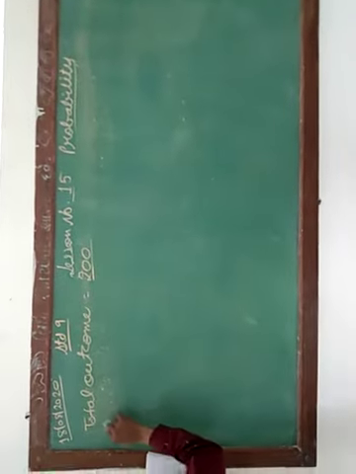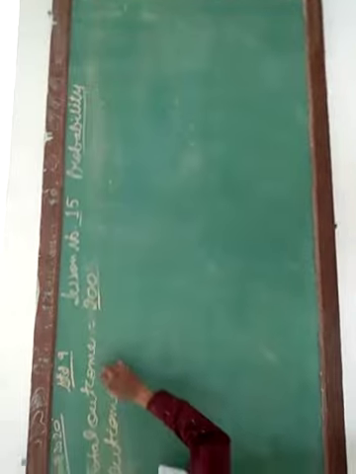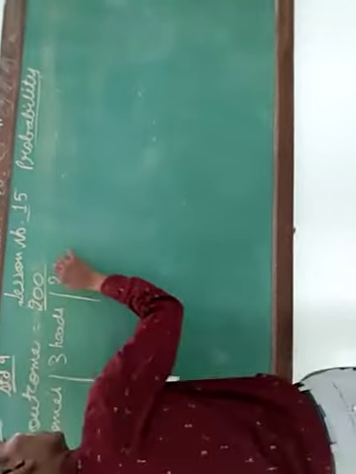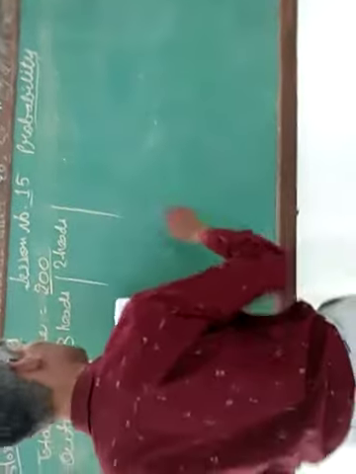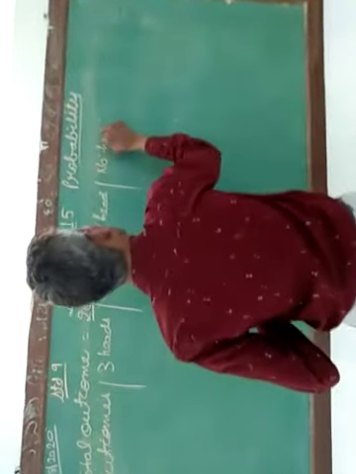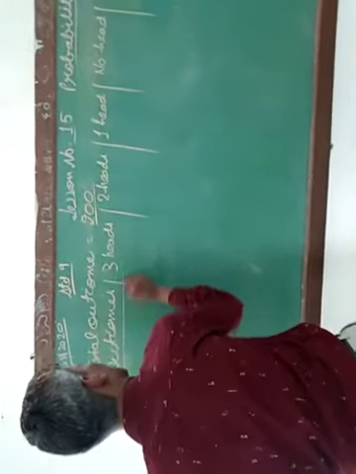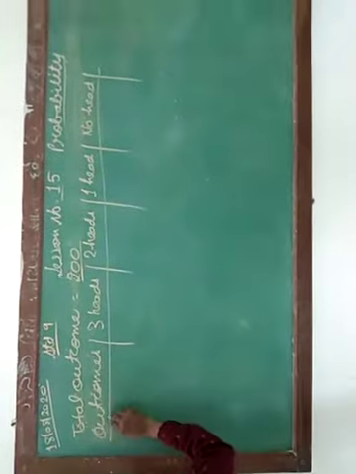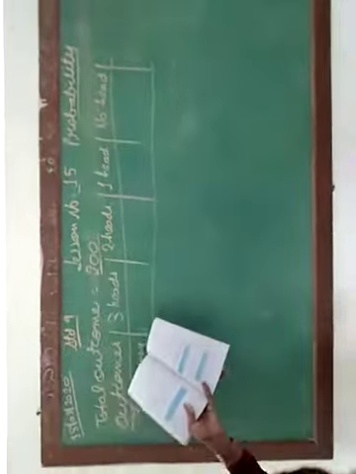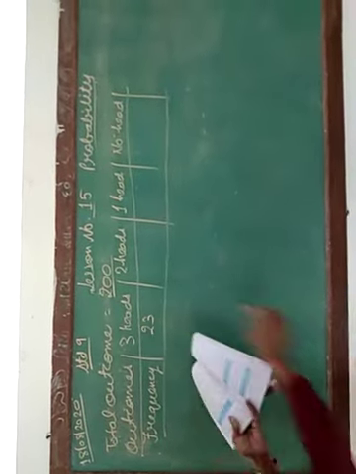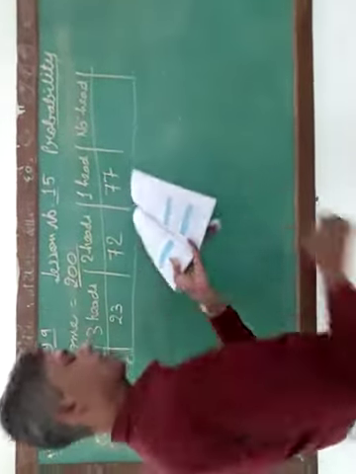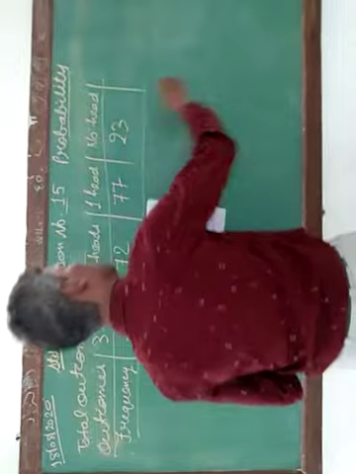Now the outcomes: 3 heads, 2 heads, 1 head, and no head, with their possible outcome frequencies. 3 heads is coming 23 times, 2 heads is coming 72 times, 1 head is coming 77 times, and no head is coming 28 times.